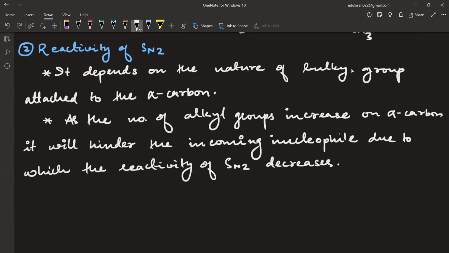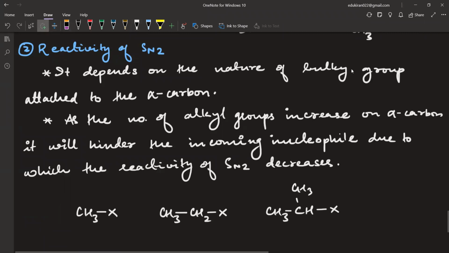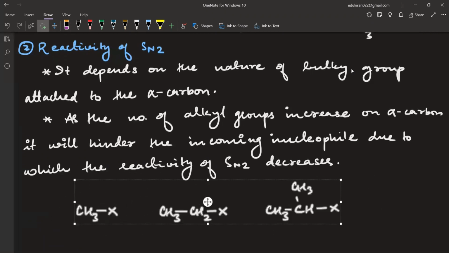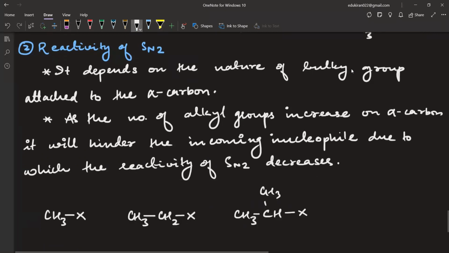Okay, so you can see if you have carbon which is bonded to only hydrogens, so you have 3 hydrogen atoms like this, so these are very small. Okay, so it's CH3X, CH3CH2X, CH3CHCH3X, and at the end you can have carbon bonded to 3 CH3 groups and a halogen atom.